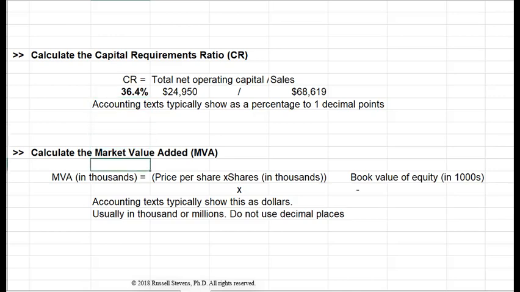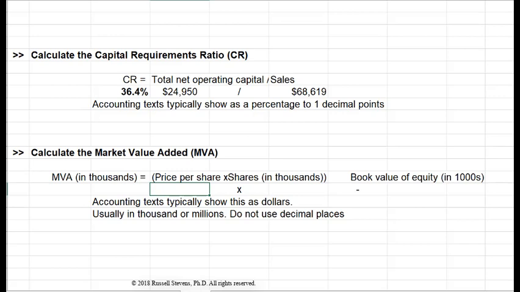Please note that accounting texts typically show this formula as a percentage to only one decimal place. The next metric, the market value added, MVA, throws in some twists. The twist is making sure that when you are dealing with thousands of dollars, you also deal with thousands of shares. Down to the bottom of your PDF file, you will see a price per share of $15.35.